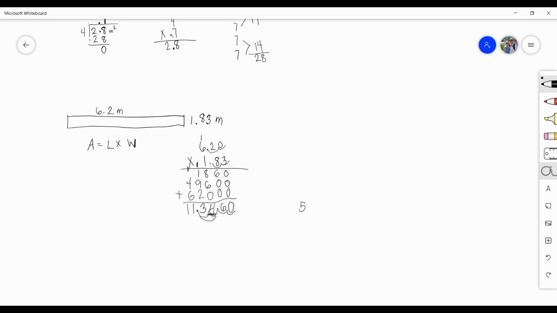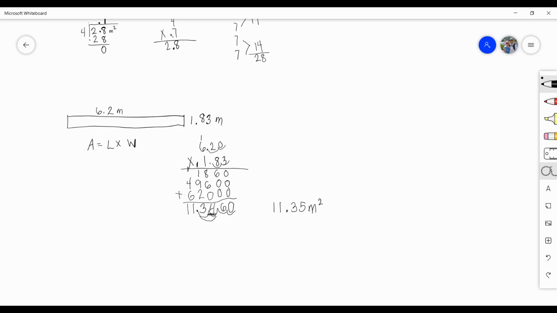We're not changing the 3. It stays the same. Decimal stays. And we have 11. So rounded to the nearest hundredth, 11 and 346 thousandths becomes 11 and 35 hundredths. And that is meters squared because that's the area.